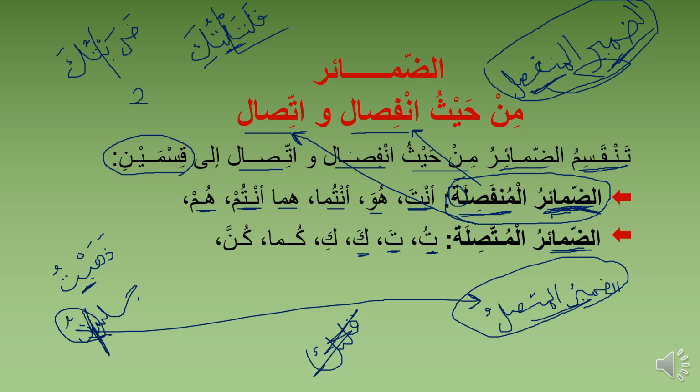Dorabtu, I beat ka, you. So this pronoun in grammar is in the place of what? Of the subject. Why this one is in place of what? The object. So that is why this tu is an attached pronoun, and this ka is an attached pronoun.